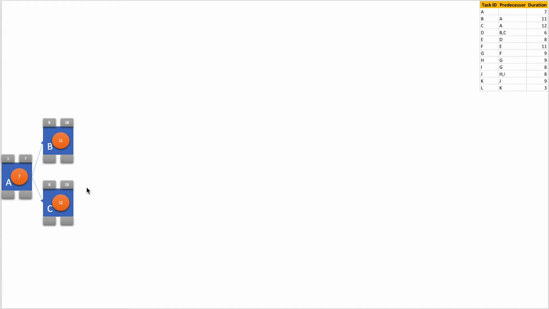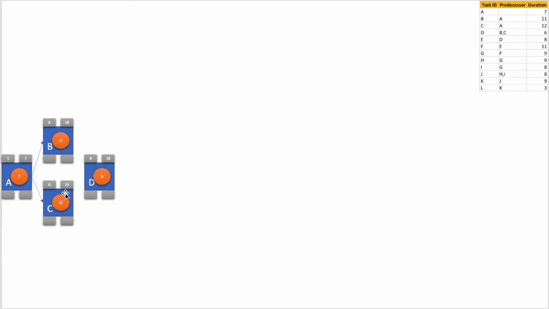Right. Next we see that we have activity D, which has got two predecessors, B and C. So activity D can start after activity B and C have finished. So I put my activity D here. I notice that it takes 6 days. So I will put the duration as 6. Now activity D can start only after activity B and C both have completed.